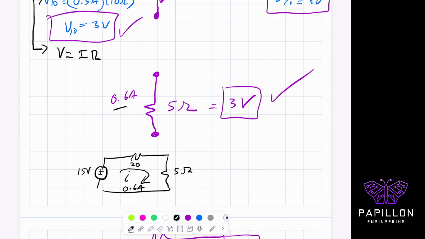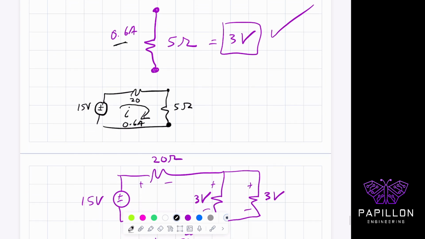So I multiply the 0.6 amps by the 5 ohm resistor, which is the equivalent of the two 10s in parallel, and I also get the 3 volts. That shows me two things. Number one, the voltages across the parallel pieces are the same, which is fundamentally important. And it also shows that we could have foreshadowed this answer a different way, which I'll show you by looking at the example in a different light in a moment.